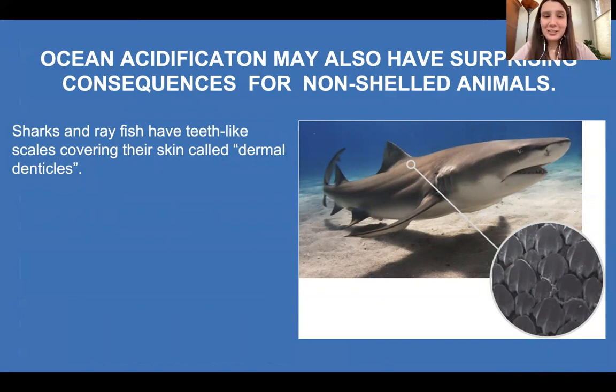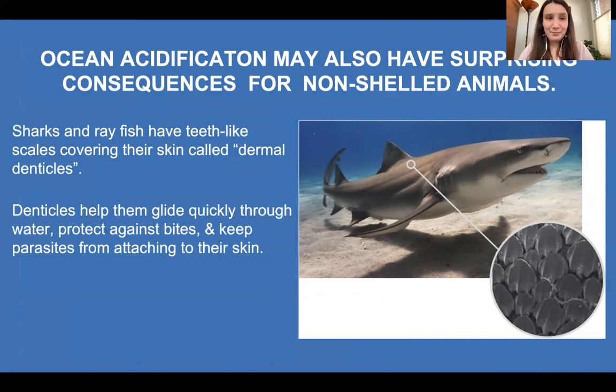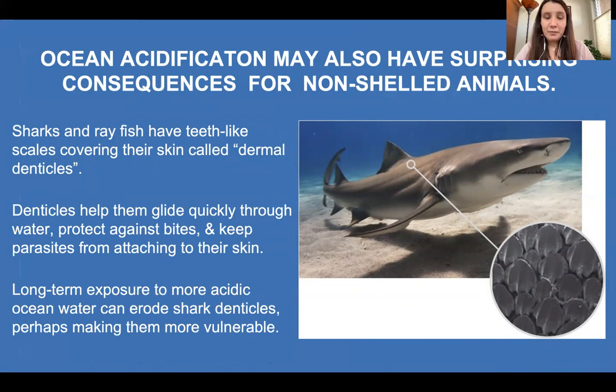So it turns out that sharks and other elasmobranchs, that is sharks and rays, have these tooth-like structures that cover their skin. Typically, these dermal denticles help them glide quickly through the water and protect against bites and parasites. But long-term exposure to ocean acidification may erode these denticles, perhaps making them more vulnerable to these things that I've just listed.